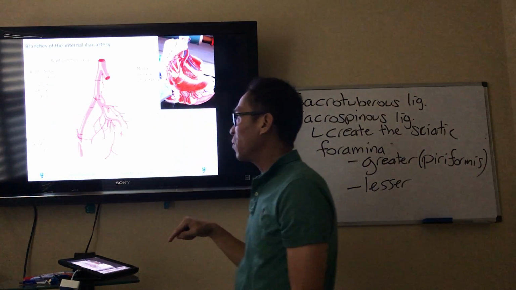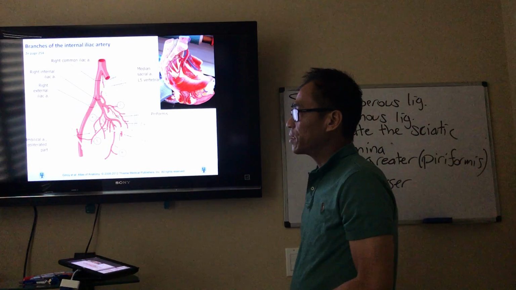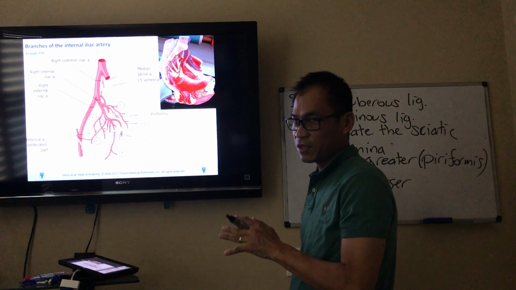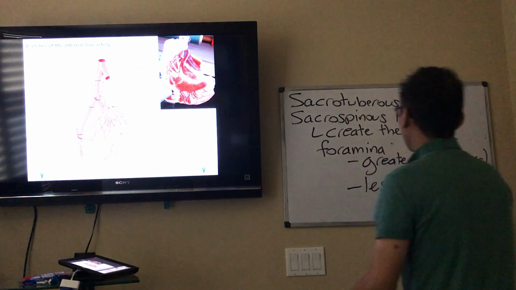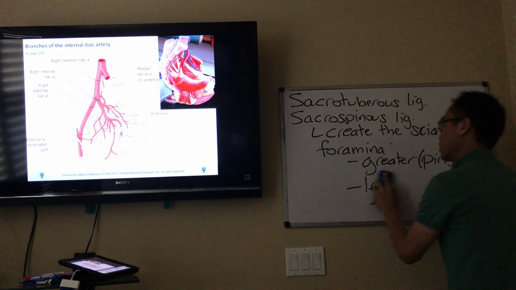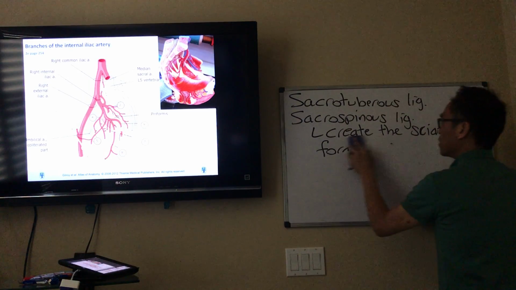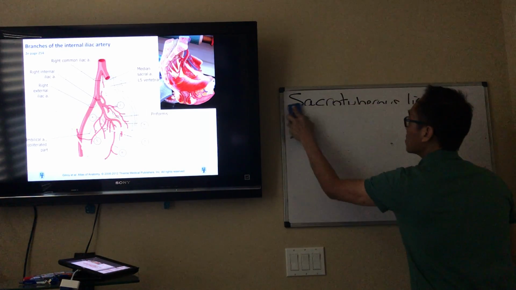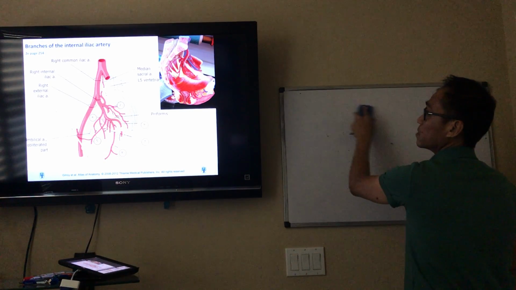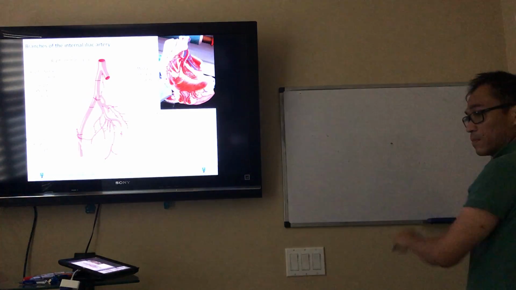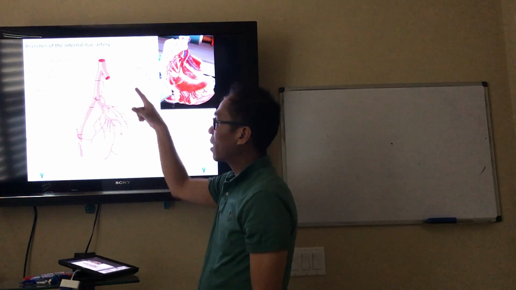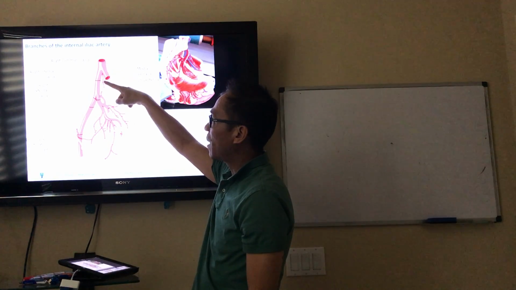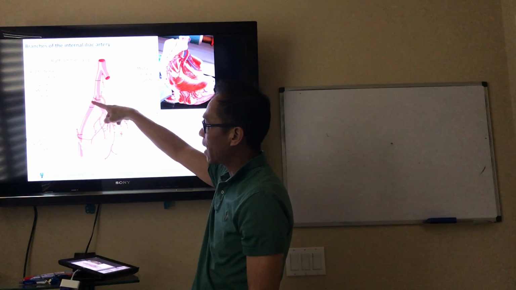Here's an internal view, a sketch view of the pelvis. We're going to study the branches of the internal iliac artery. Follow it back up to the abdominal aorta, common iliac, internal iliac, external iliac.